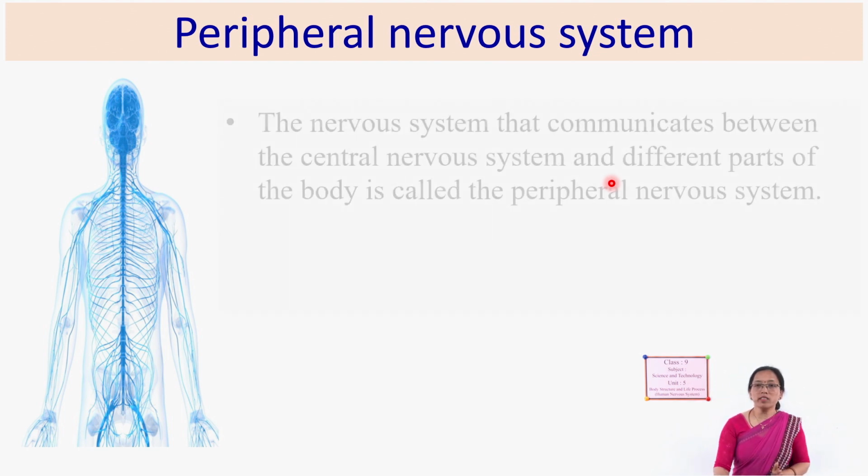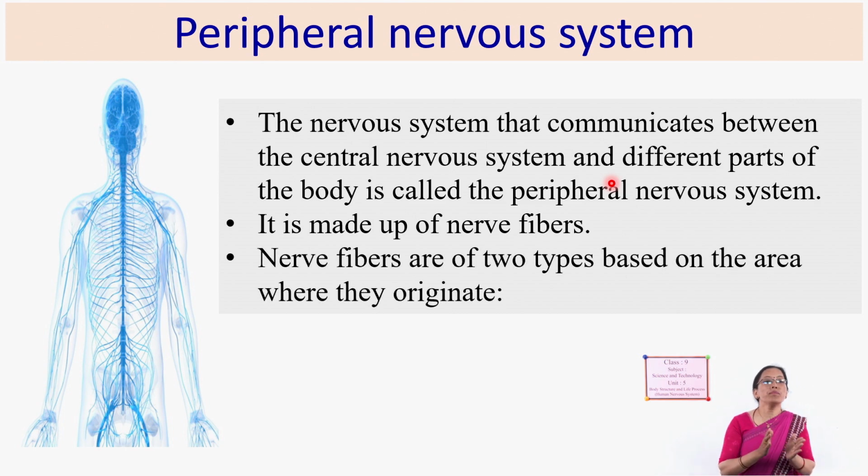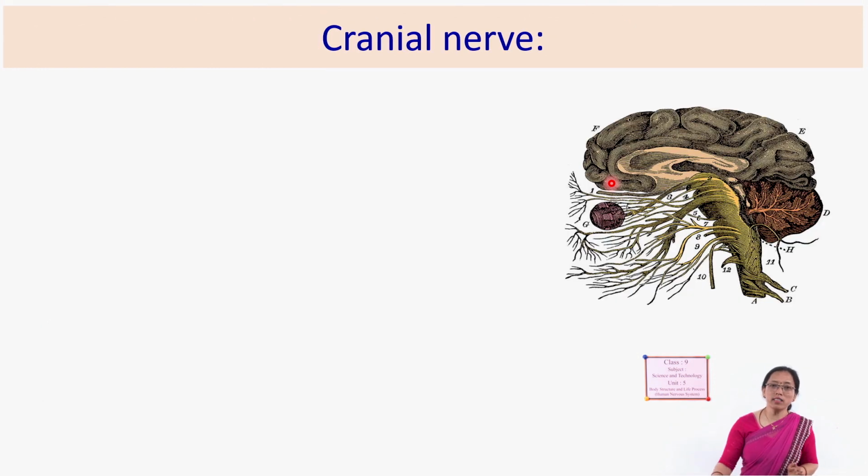This peripheral nervous system mainly has two parts based on their origin. What are those? Cranial nerves and spinal nerves. Cranial nerves are those nerves which arise from our brain region. See here, this is the brain. From this brain many nerve fibers arise, connected to our sense organs, even eyes, nose, tongue, ear, and other parts of our head region.